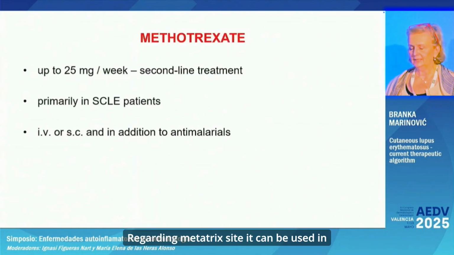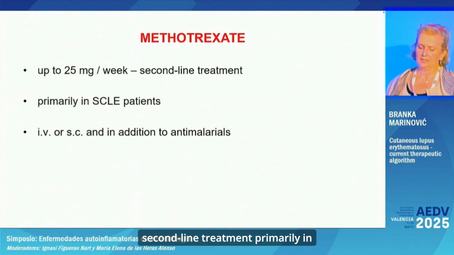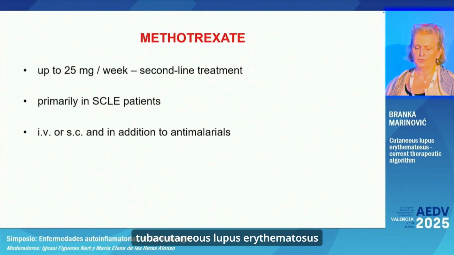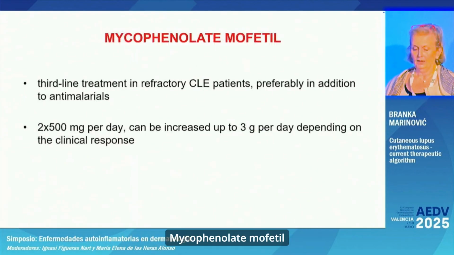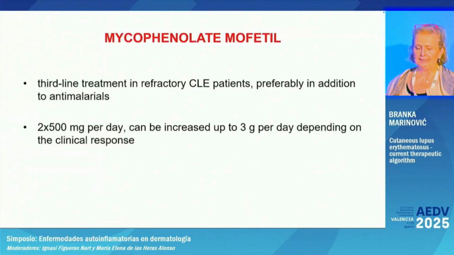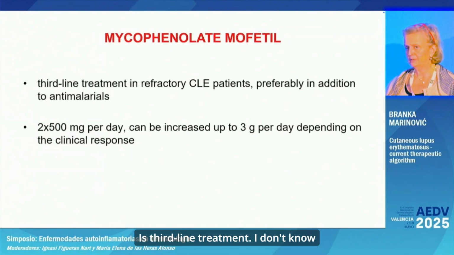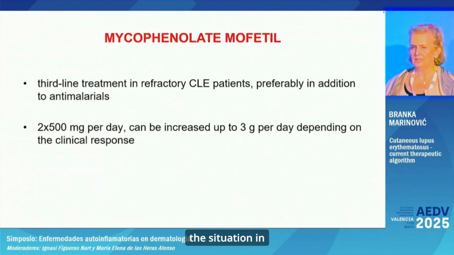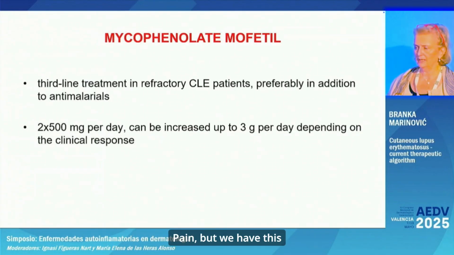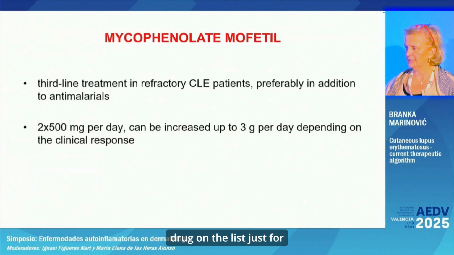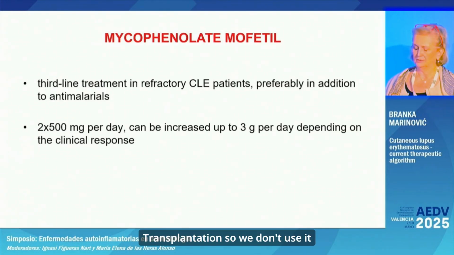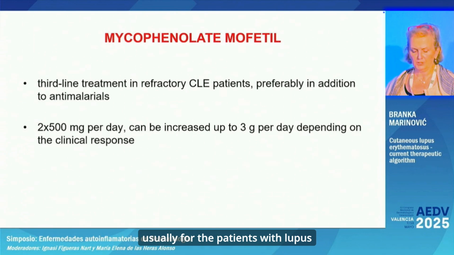Regarding methotrexate, it can be used in some patients as second-line treatment, primarily in subacute cutaneous lupus erythematosus. Mycophenolate mofetil is third-line treatment. I don't know the situation in Spain, but we have this drug on the list just for transplant patients, so we don't usually use it for patients with lupus.